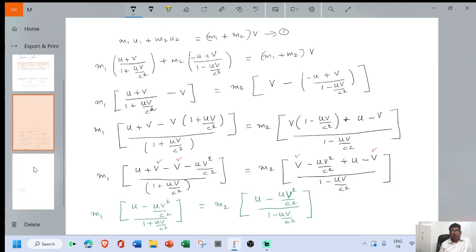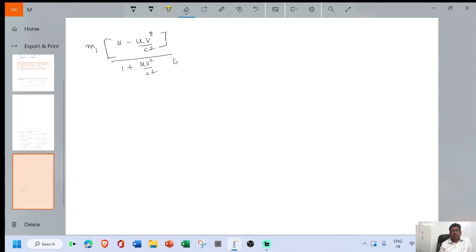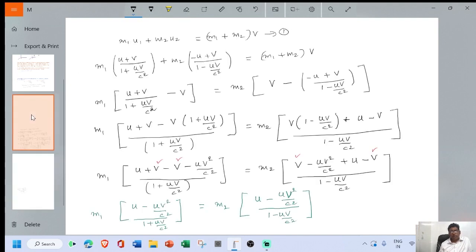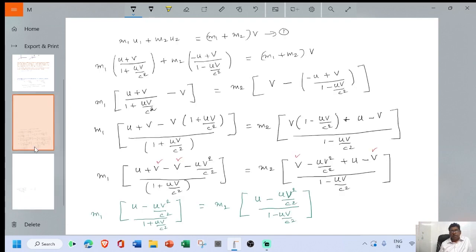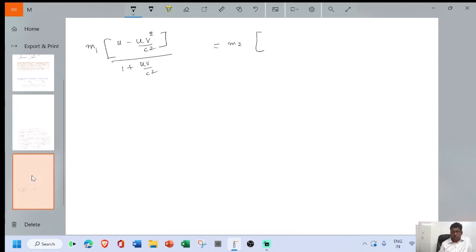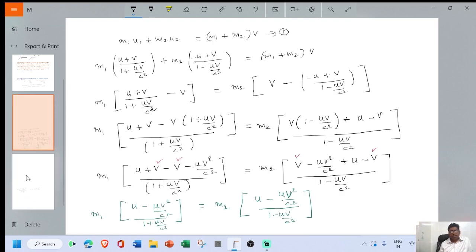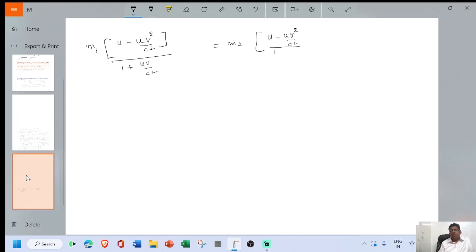Verify it. 1 plus uv by c square is equal to m2 into u minus uv square by c square whole divided by 1 minus uv by c square.